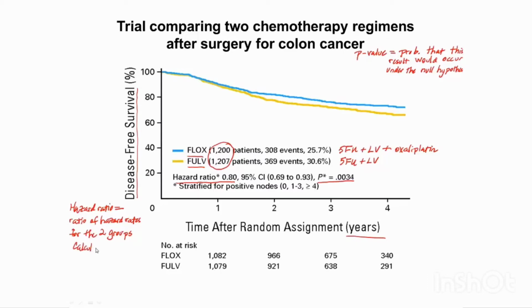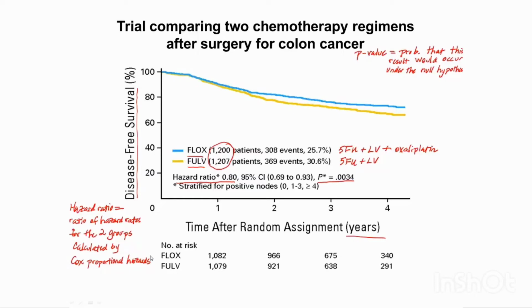calculated by a very clever formula, calculated by Cox proportional hazards. And what Cox proportional hazards does is it makes use of the fact that there is incomplete information in this trial.